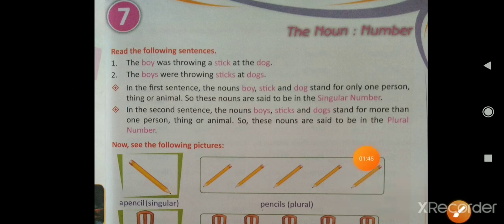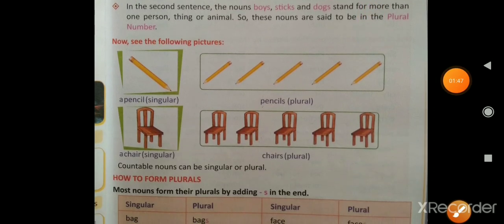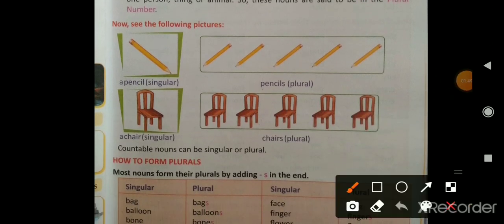Now see the picture. As we can see in the first picture, there is only one pencil, means it is singular. And in the next picture there are more than one, right? So it is plural number. I think it is clear to you.